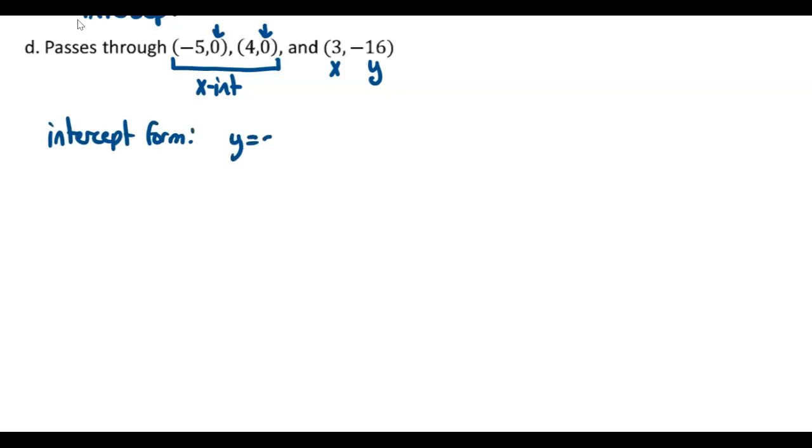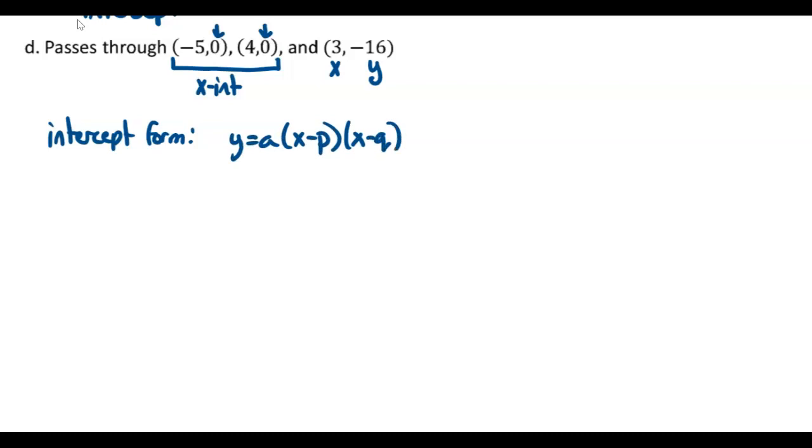Okay, let's try this one. All right, so on this one, these 2 points are the x-intercepts, and I know that because the y value is 0. That's how I know they're x-intercepts. This third point is just an additional point. So I'm going to start with intercept form, which is y equals a times (x minus p) times (x minus q).